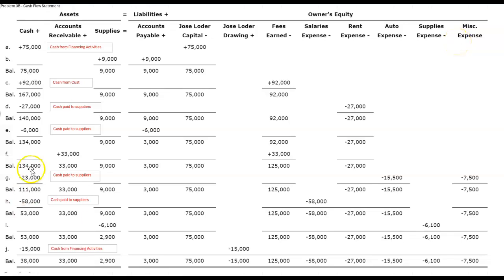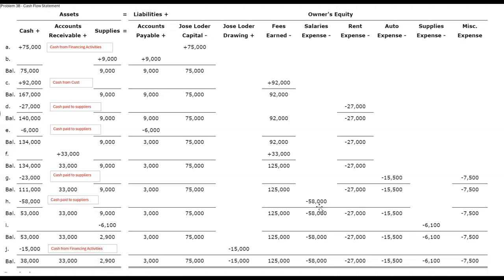Okay, so the first one we have is this $27,000 that we paid in rent, plus $6,000 that we paid off an accounts payable, plus $23,000 that we paid for auto expense and miscellaneous expense, and $58,000 that we paid for salaries expense. So the total of those comes to $114,000, and that would be your cash paid to creditors.